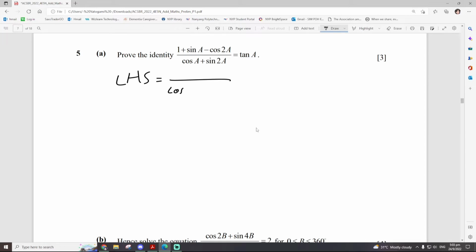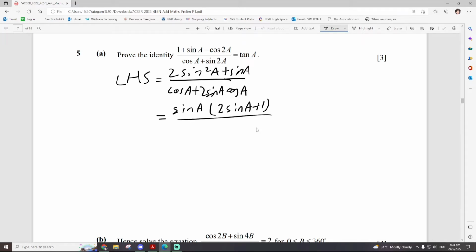So I'm going to write out this one. I'm going to change sine 2A to 2 sine A cosine A first. And for the top, I'm going to try and factor out sine A. I know that 1 minus cosine 2A is 2 sine square A. So I can write 2 sine square A plus sine A. Now I'm going to factor out the sine A on the top, which gives me 2 sine A plus 1.